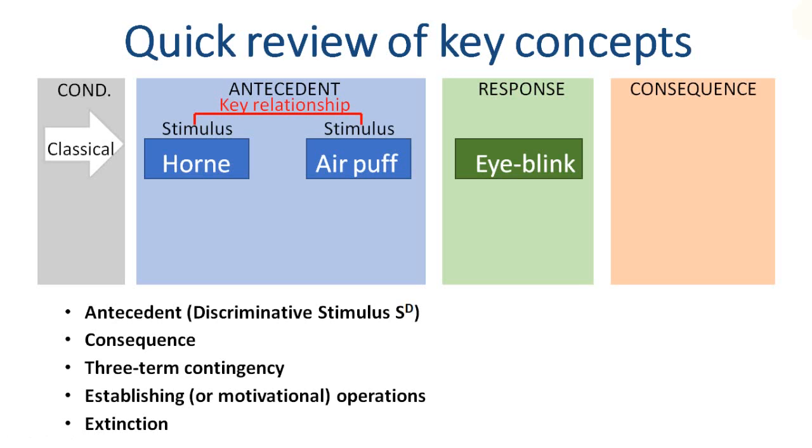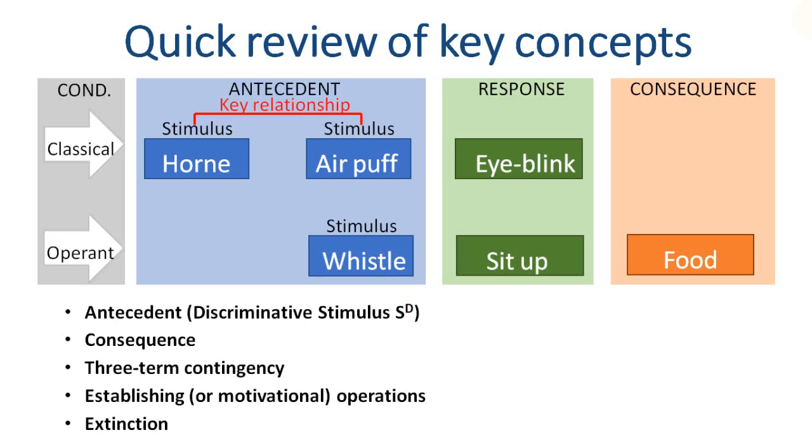The important thing to notice in classical conditioning is the relationship between the antecedent stimuli. So in classical conditioning, the key relationship is a pairing or an association between the stimuli before a particular response, or before the response is elicited by one of the stimuli present before the response.